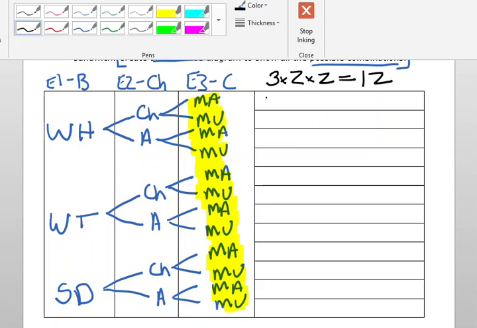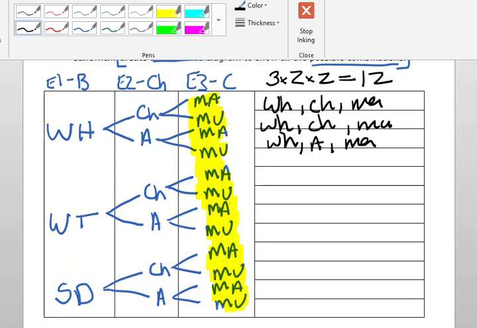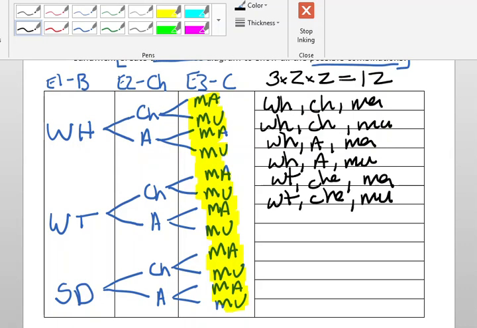So I'm going to write out my outcomes. White, cheddar, mayo; white, cheddar, mustard; white, American, mayo; white, American, mustard; wheat, cheddar, mayo; wheat, cheddar, mustard; wheat, American, mayo.